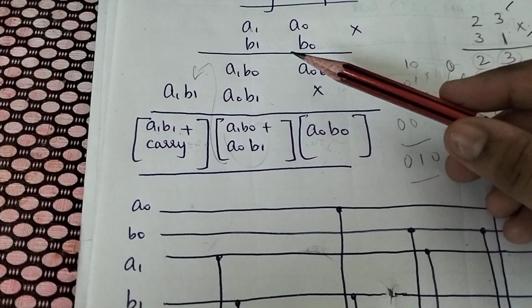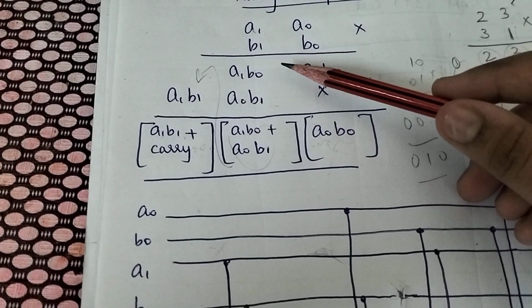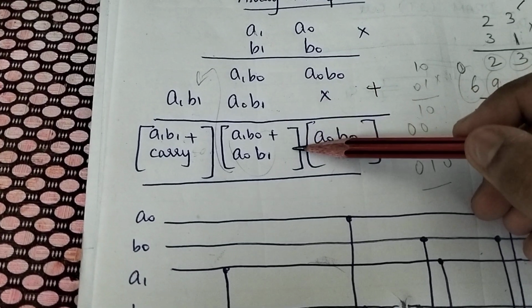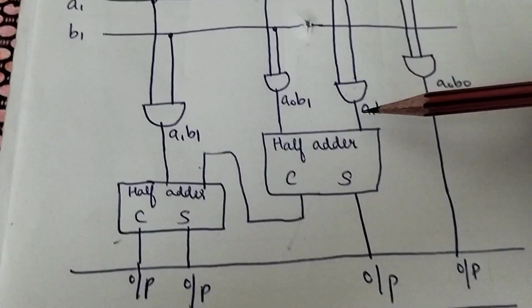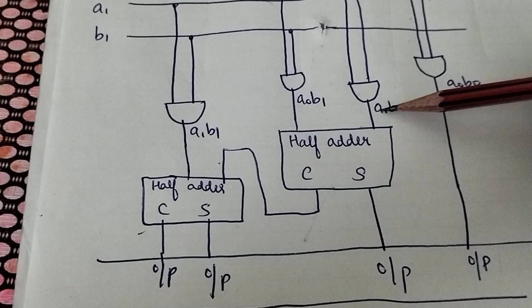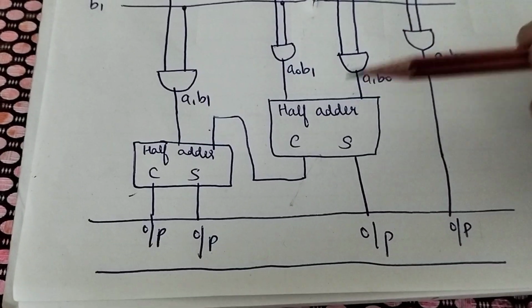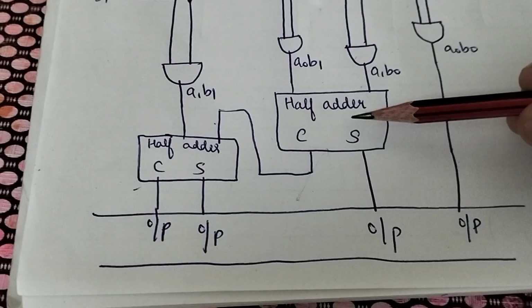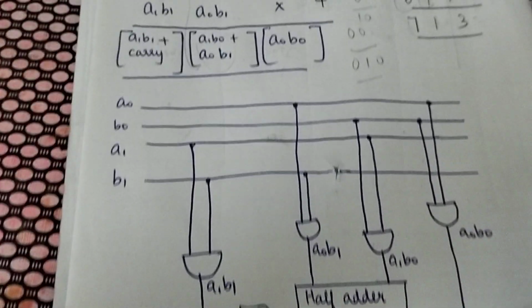The second digit is the sum of A1B0 and A0B1. So you have two inputs and you need to compute the sum. That becomes the second digit of the output. So we take these two inputs, we put them through a half adder, which is a combinational circuit you are already familiar with, and the sum becomes the second last digit of your output.